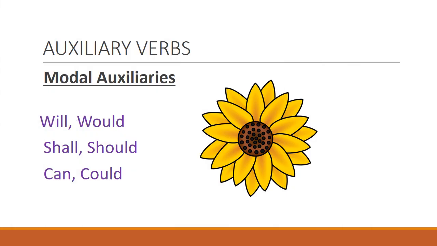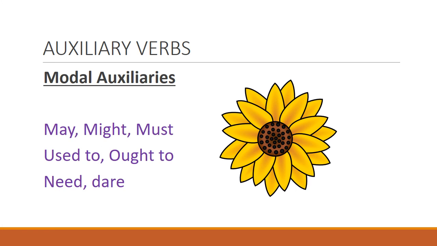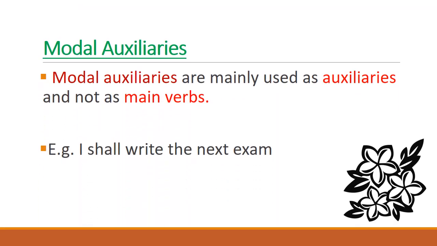Modal auxiliaries: will, would, shall, should, can, could, might, must, used to, ought to, need, dare. These are the modal auxiliaries. Speciality of modal auxiliaries: they are mainly used as auxiliaries and not as main verbs.